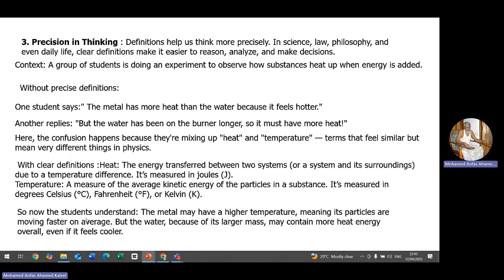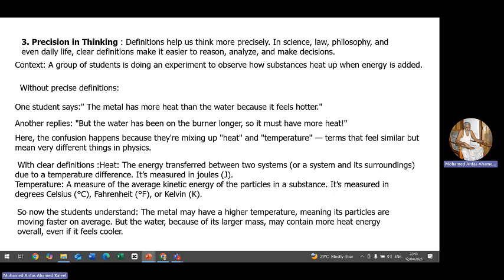Now students can understand that the metal may have a higher temperature, meaning its particles are moving faster on average.